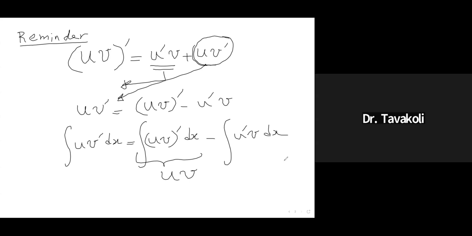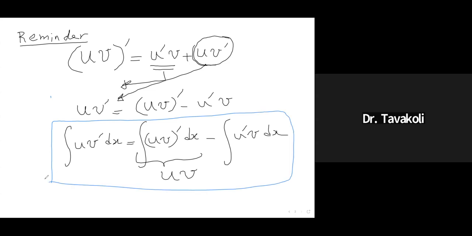So in fact, this is the formula for the integration by parts. But of course, if it's the first time you are seeing that, it might look a little bit strange unless we see some examples and see why it is helpful. So let me write down the formula: the integral of u times v prime dx equals uv minus the integral of u prime v.